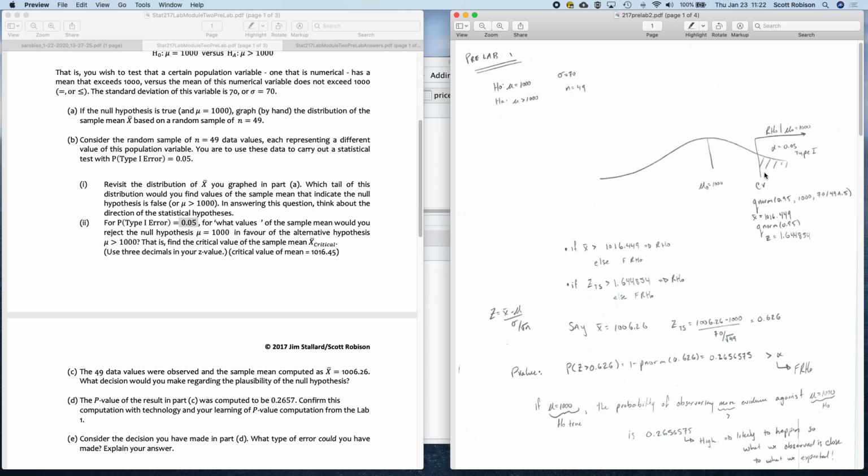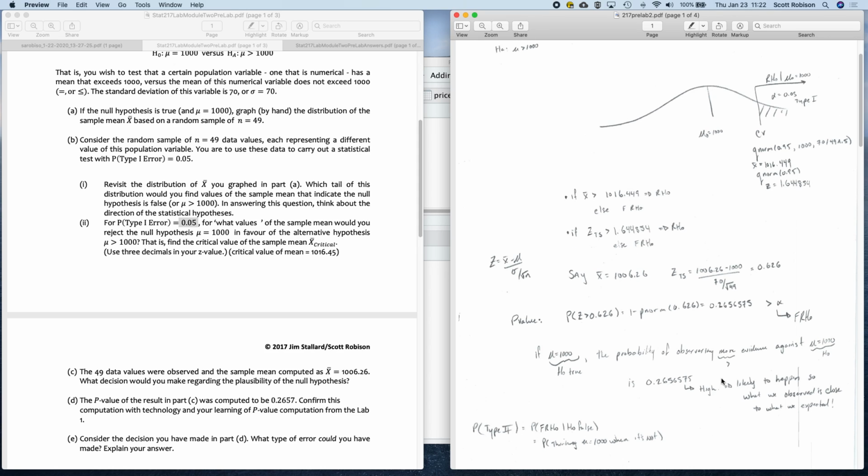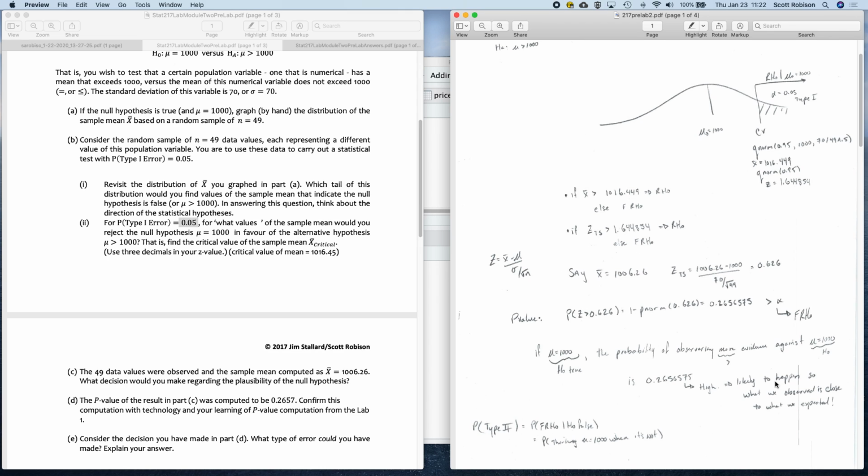When the p-value is high, I'm coming from the right tail into the center, getting closer and closer to the null hypothesis, which is in the center of the curve. So when p-values are high, this is actually likely to happen. We're actually close to seeing what we thought we were going to see.